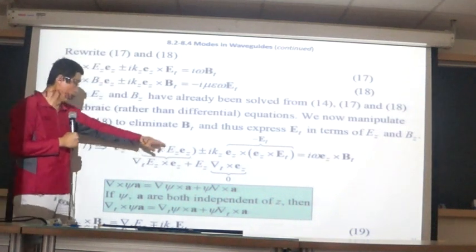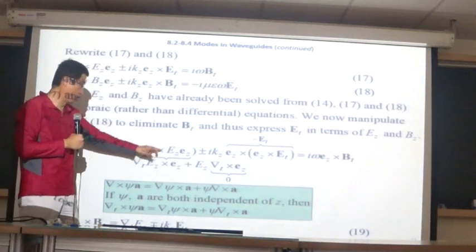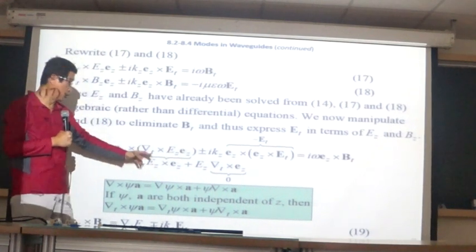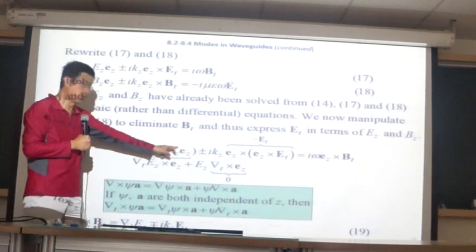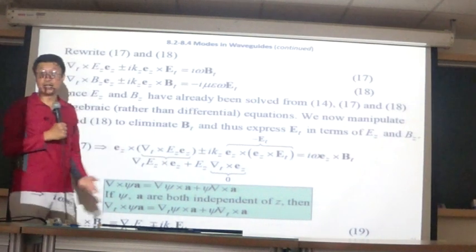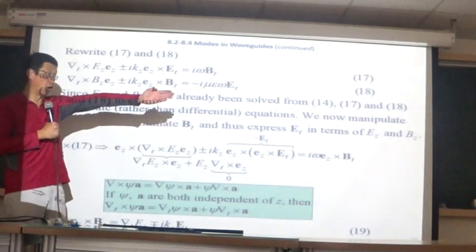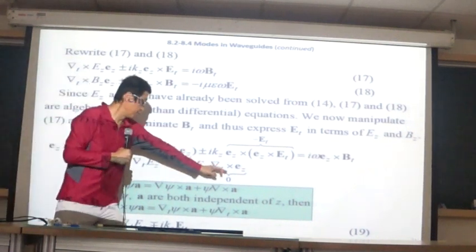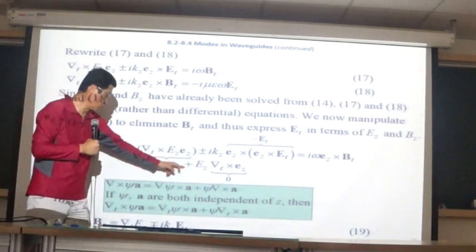This one can work curl on this one or curl on this one. But it's Cartesian, so it's a constant. The Z component is a constant direction, always in the Z direction. So it gives us nothing. Okay? So we have this one only.